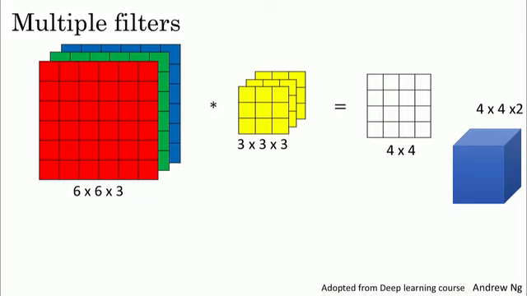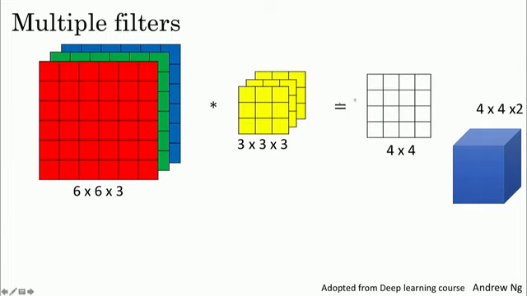Another notation. What happens if you want to detect vertical edges, as well as horizontal edges, as well as other functionalities on your input image? It's obvious that you can't do it all with one filter. You should have multiple filters. So the question is how you should use the output of the multiple filters.